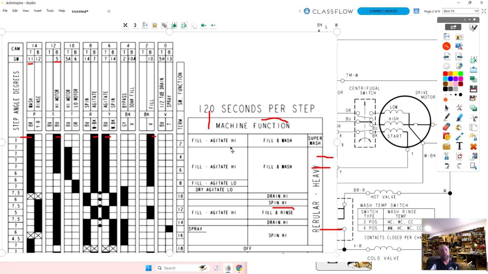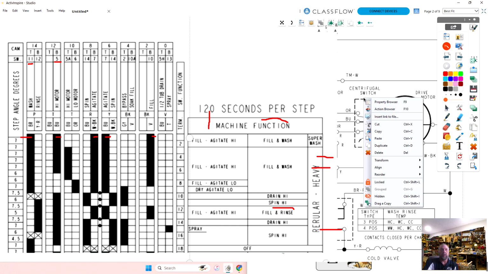When you turn on most top load washers, what's the first thing the machine does? It fills with water. The motor does not run until the machine fills with water. Well, how does that get accomplished? How does the machine do that?